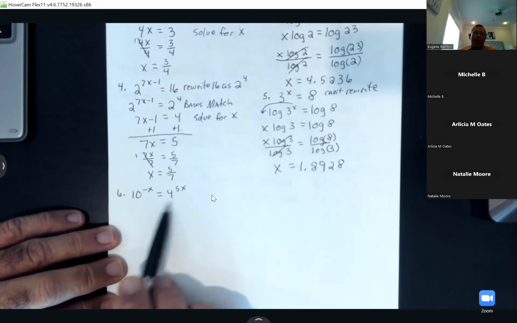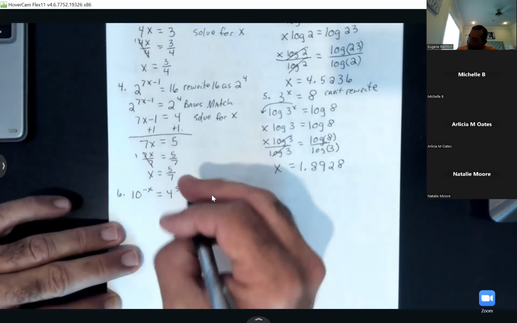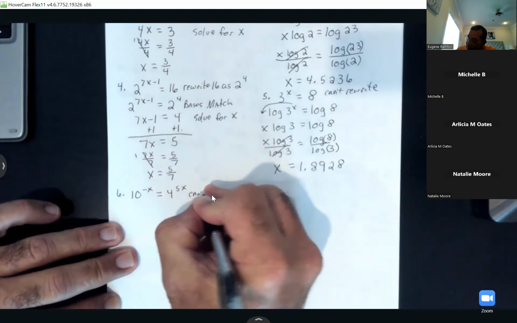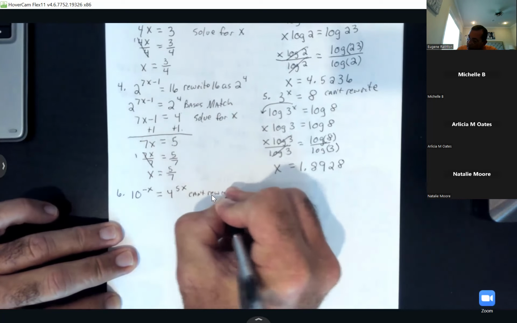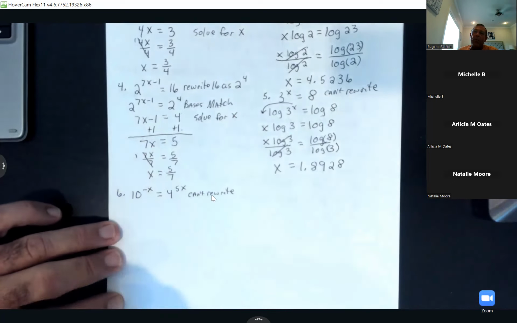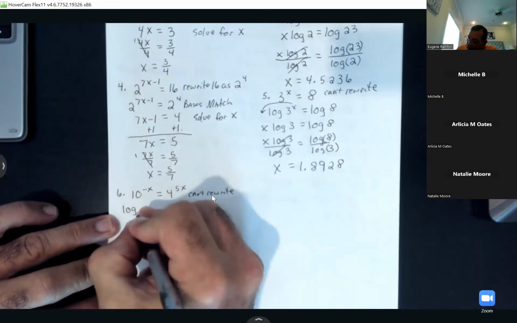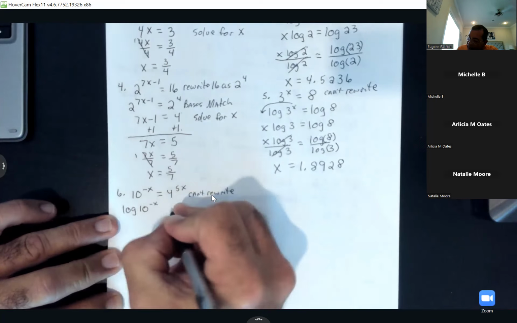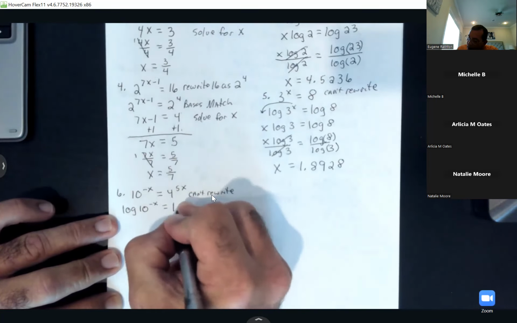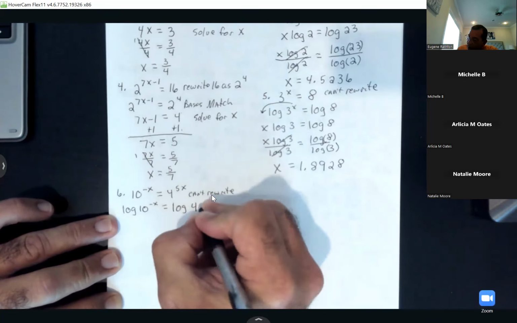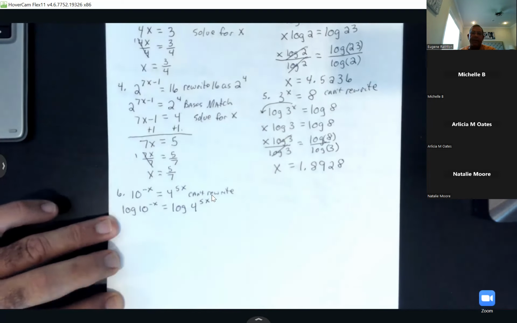So no way I'm going to get that out of these two. So I can't rewrite this one. So I'm going to take a log of both sides. Log of 10 to the negative x will equal log of 4 to the 5x.